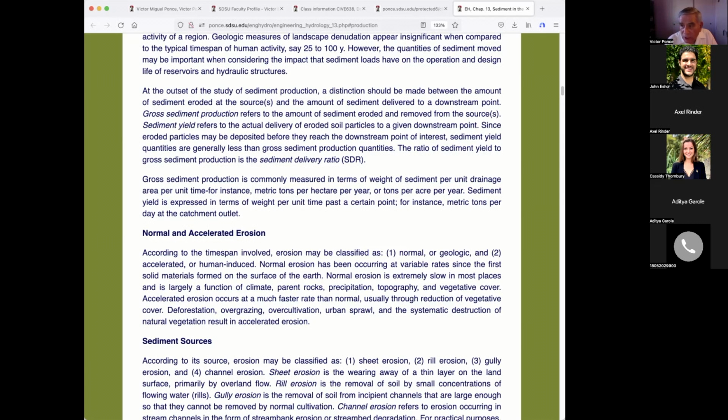So when you as an engineer are doing an analysis of sediment at a downstream point, you cannot outright use sediment production, because the sediment produced upstream is not going to be the sediment that is delivered downstream. There's going to be a percentage, maybe 20, 30, 50%, whatever it is; your job is to determine what percentage that is. So we have formulas for sediment production and formulas for sediment yield.